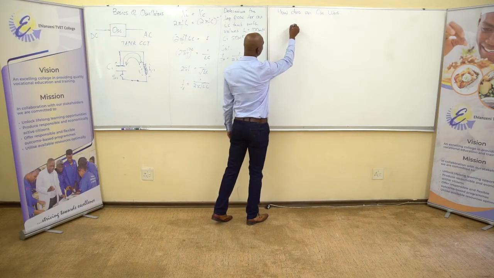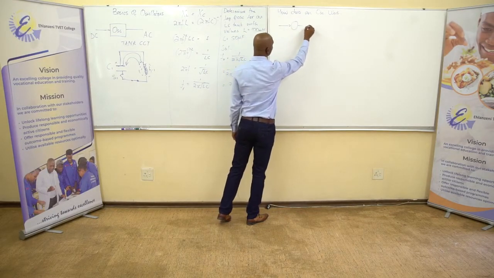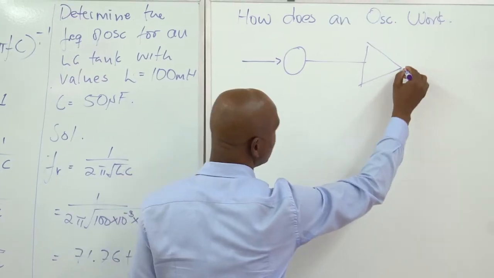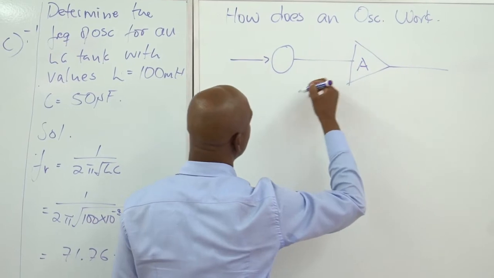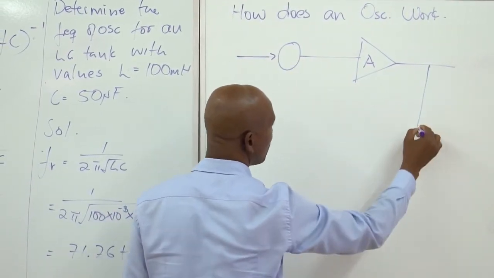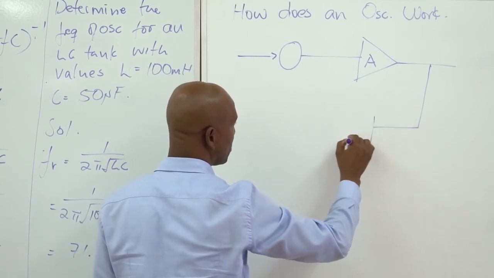In an oscillator, we have, let's say, initially our input signal, we have an amplifier, and then we have a feedback path.